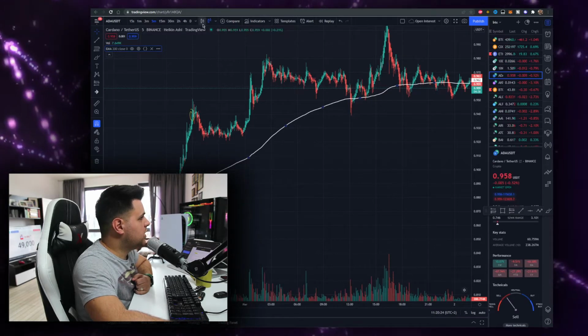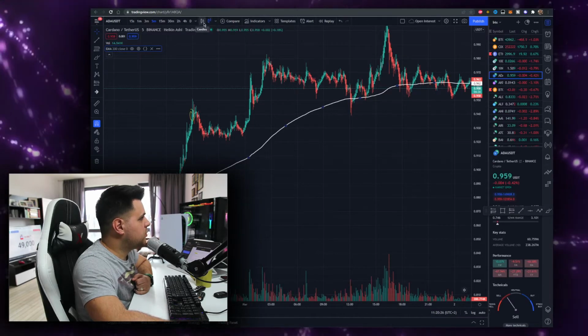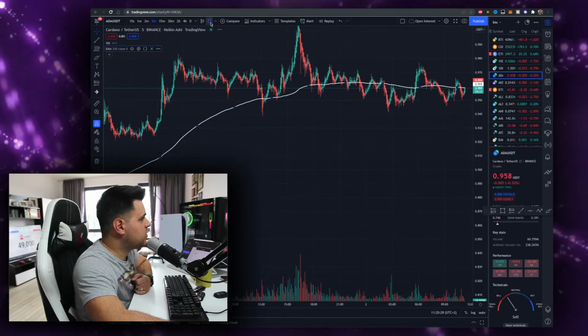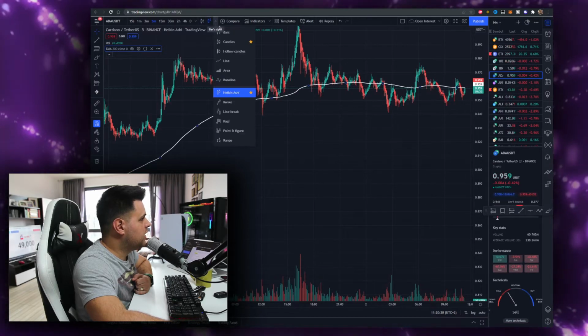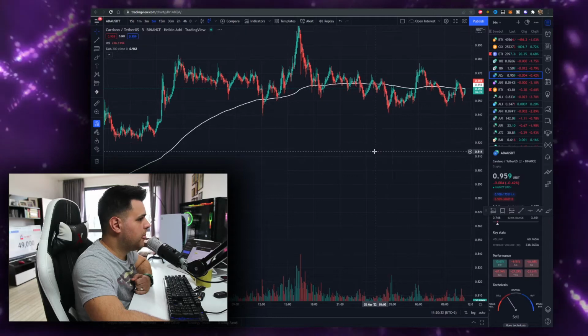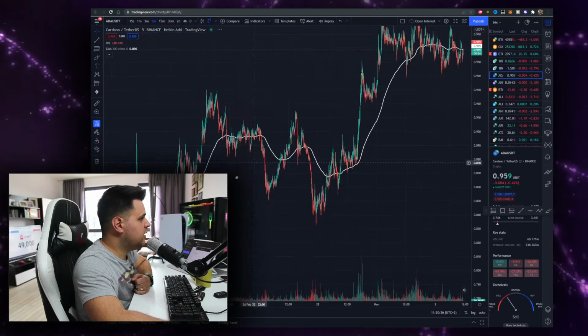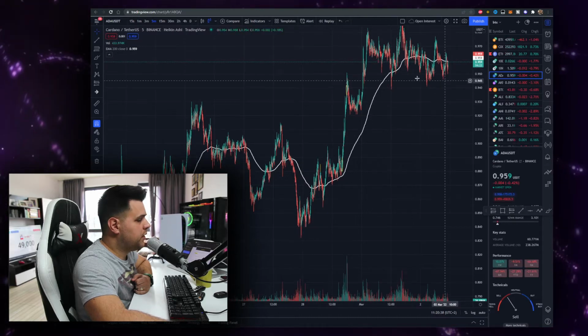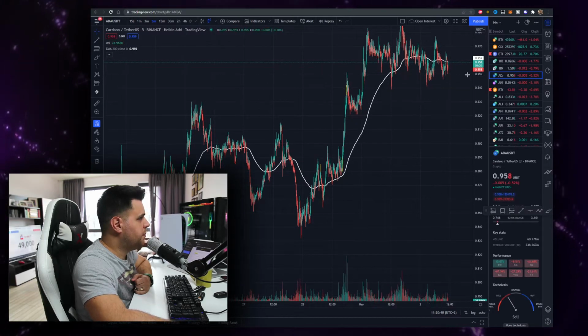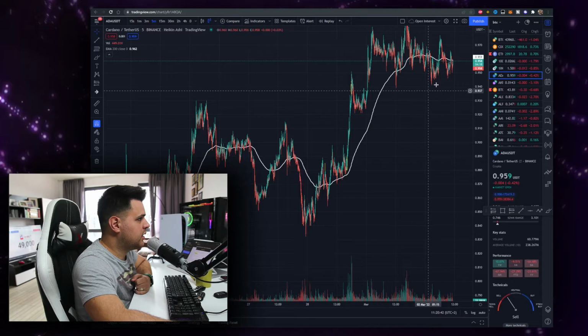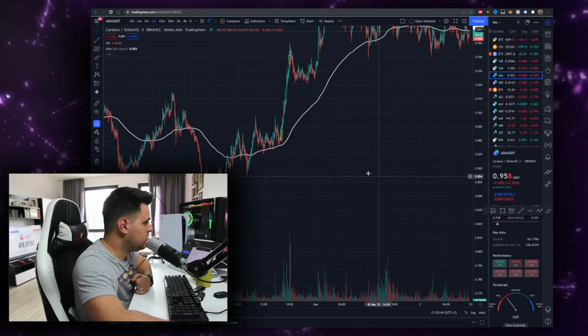Then you want to change from the normal candles to the Heikin Ashi ones. You can even click here, change to Heikin Ashi. And then you have the Heikin Ashi candles, especially perfect in very good strong trends like right here, bad in trends like right here where you don't know what's going on.